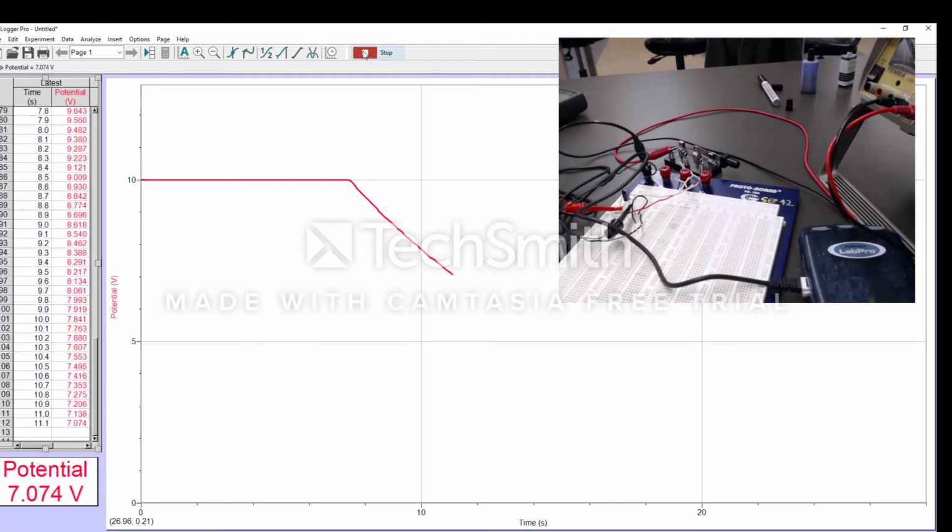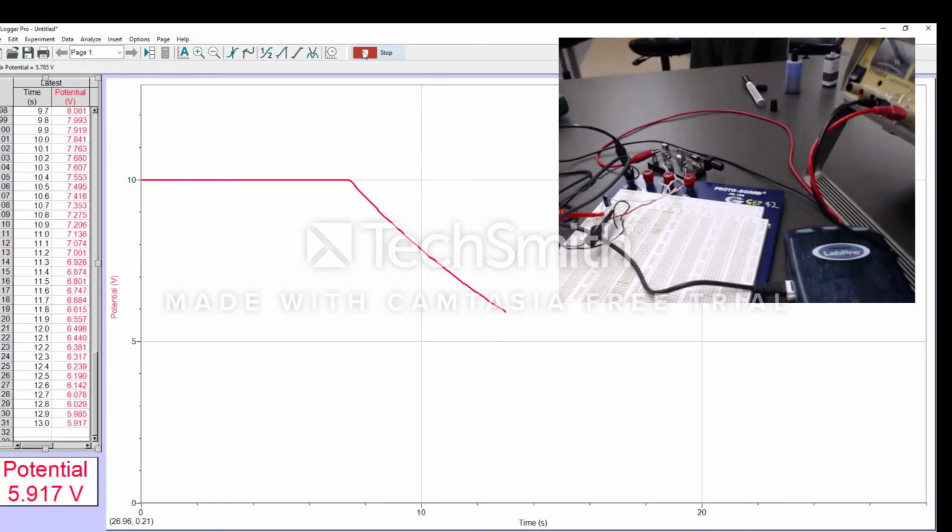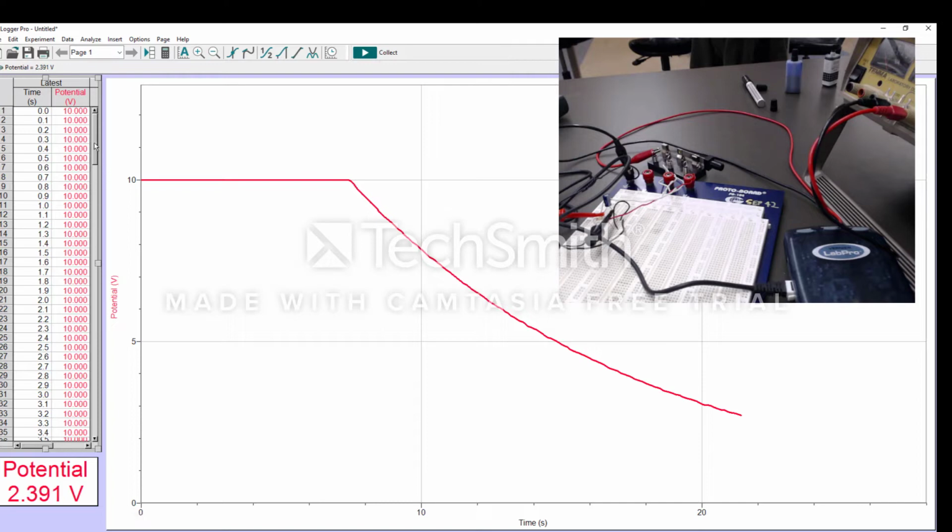It's going down. We're really interested in the time at which it hits 3.7 volts, for reasons you'll see in just a moment. Great, it crossed it, so I could stop the collection. And I'm going to look at the time it took to get there. Looks like I flipped it off at 7.4 seconds, which is when it started decaying from 10 volts, and it got to 3.7 volts.